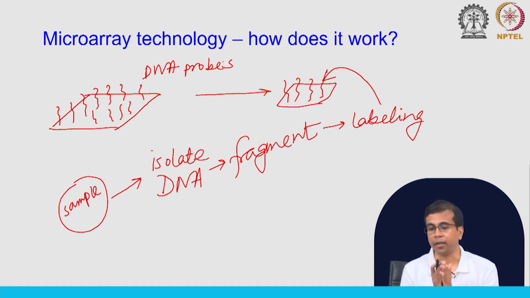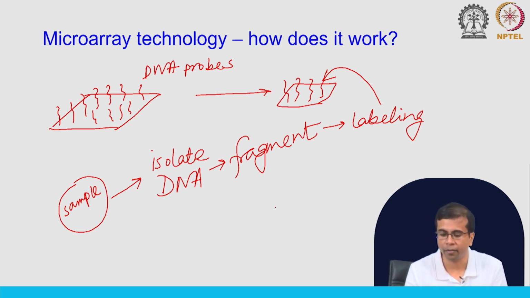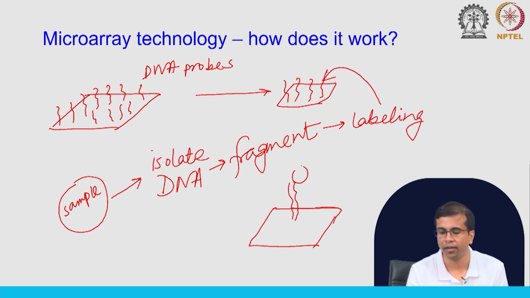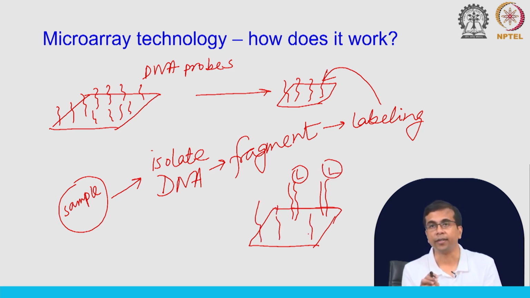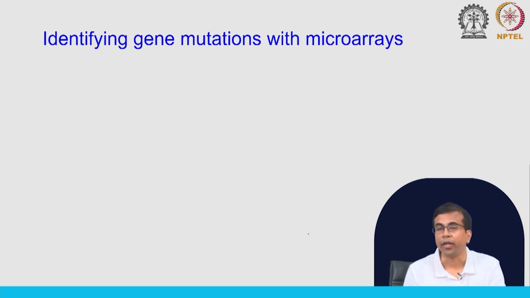So, these double stranded molecules will carry the labels, L. These labels can then be read by a detector. There is a detector that will actually read these labels and identify the signal. So, how do you actually use this method to identify mutations?